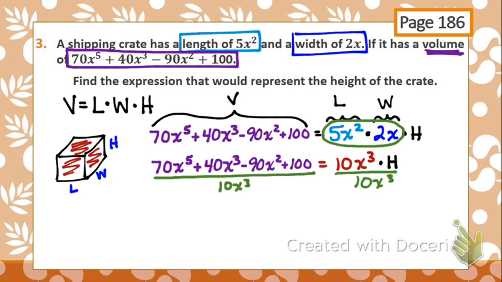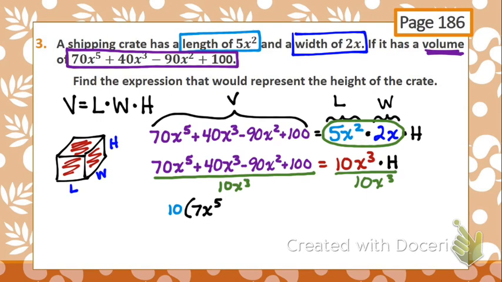Does my numerator have a GCF? Yes. What is it? 10. I can take a 10 out of each piece. What would that leave me with? 7. You're just a little bit ahead of me. I'm just taking the 10 out.